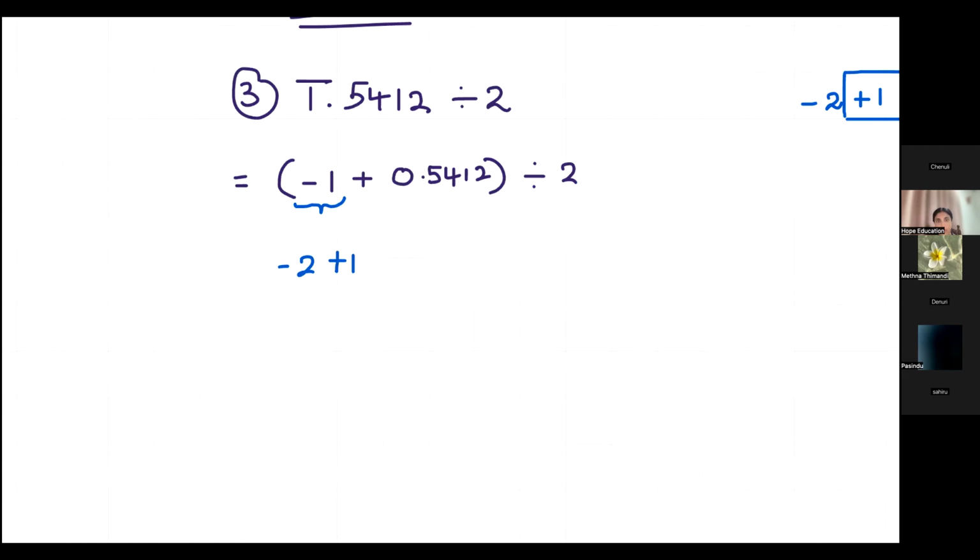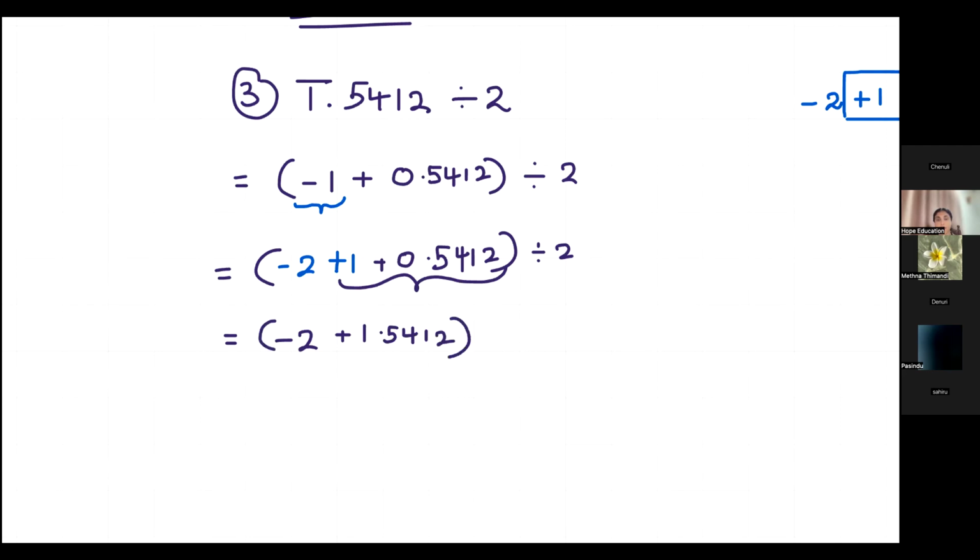One second. Let's see how this changes everything. Then minus 2 plus 1 plus 0.5412, I can write as minus 2 plus 1.5412, divided by 2.